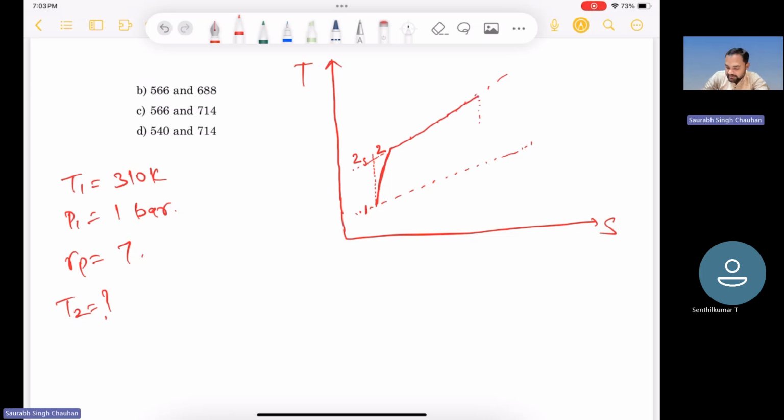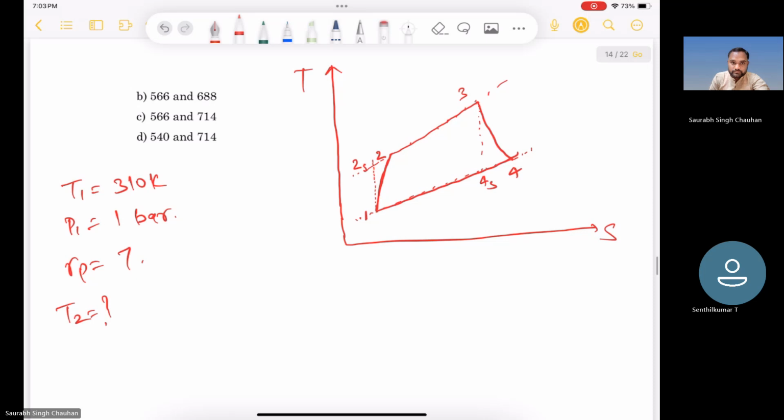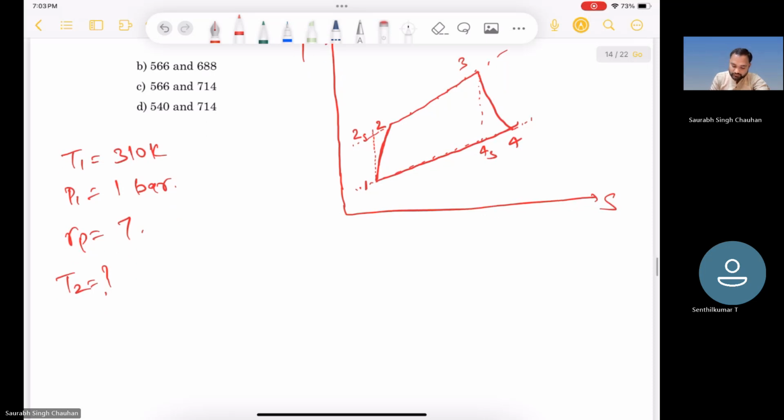In the ideal case, it would have been something like this, but now it is something like this and this, right? So what will be T2?